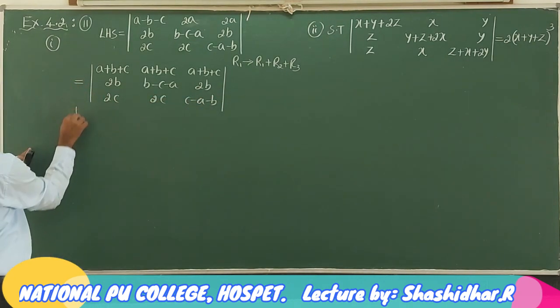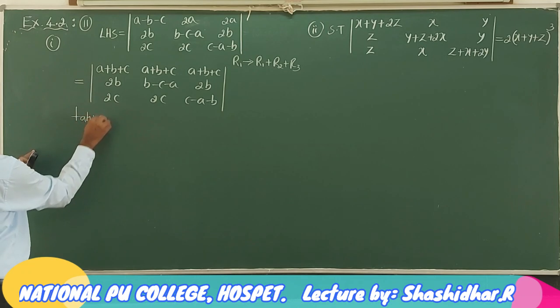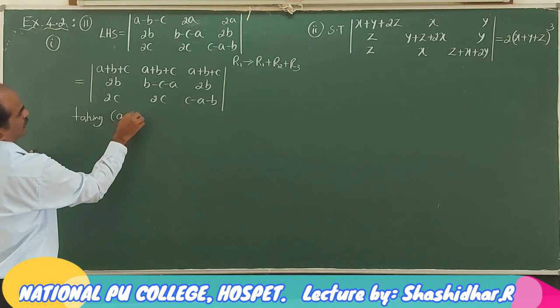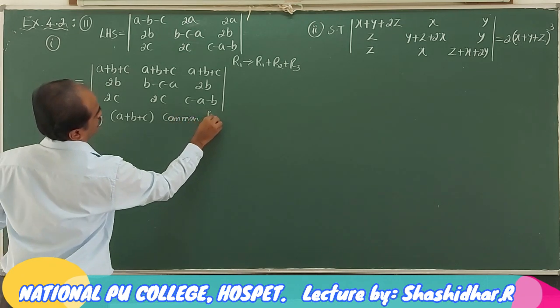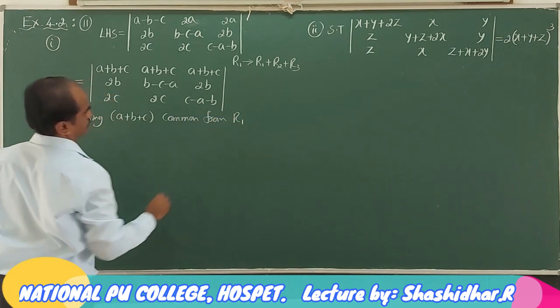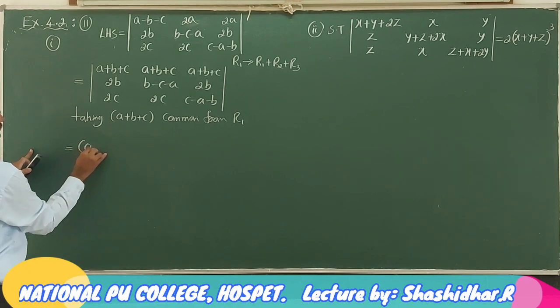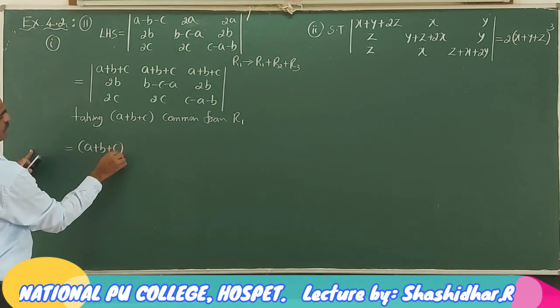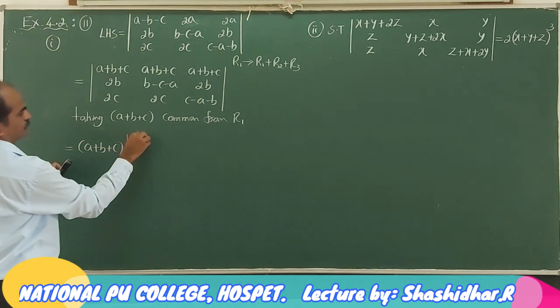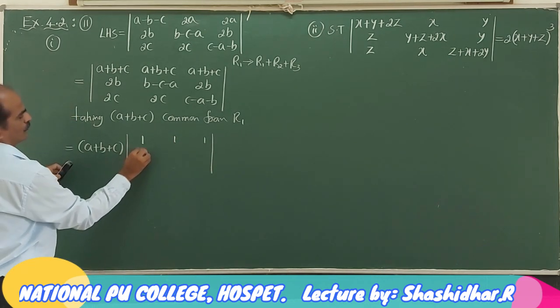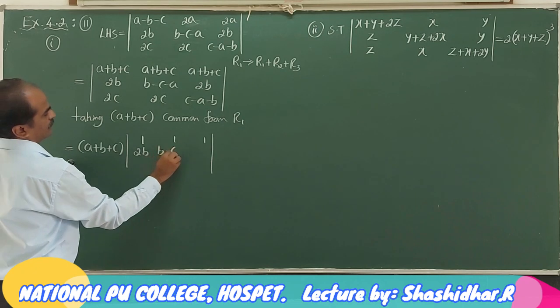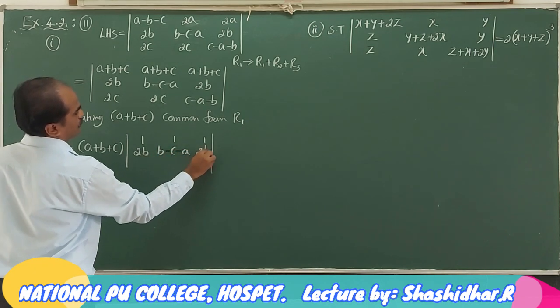Now taking a plus b plus c common from R1, we get the factor a plus b plus c into the determinant whose first row elements are 1, 1, 1. Second row 2b, b minus c minus a, 2b.